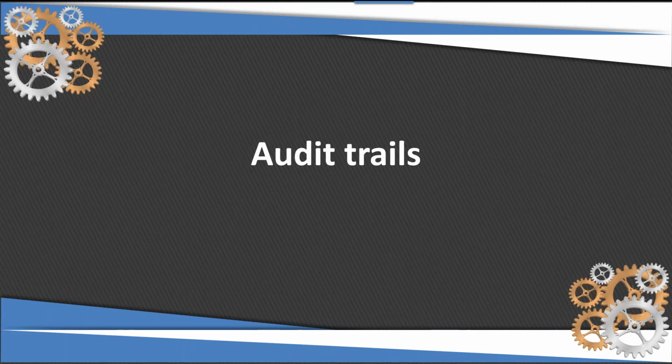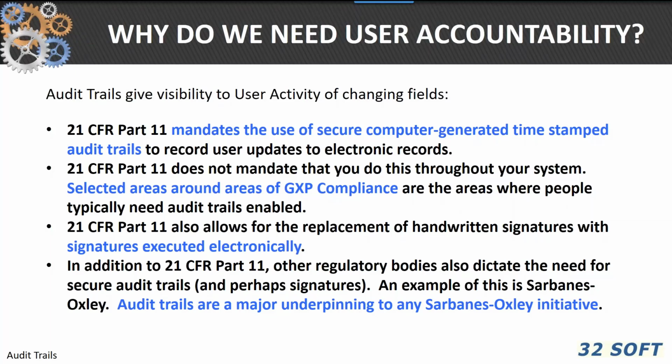So let's talk a little bit about audit trails. Why do we need audit trails? Well, if you're familiar with 21 CFR Part 11, which is Title 21 of the Code of Federal Regulations, which deals with the food and drug environment for electronic records and electronic signatures, this mandates the use of a secure computer-generated timestamp audit trail to record updates to electronic records.